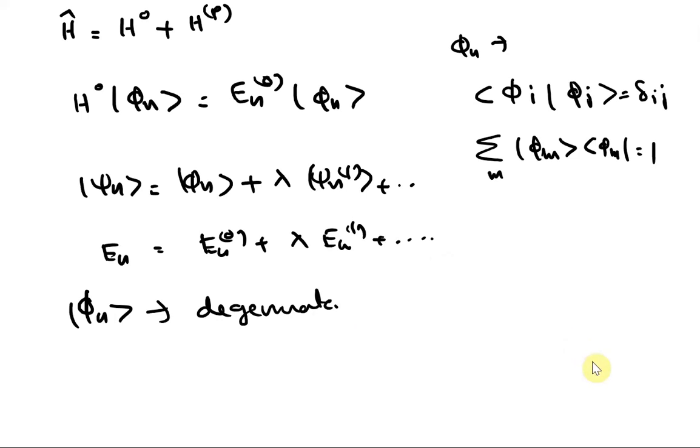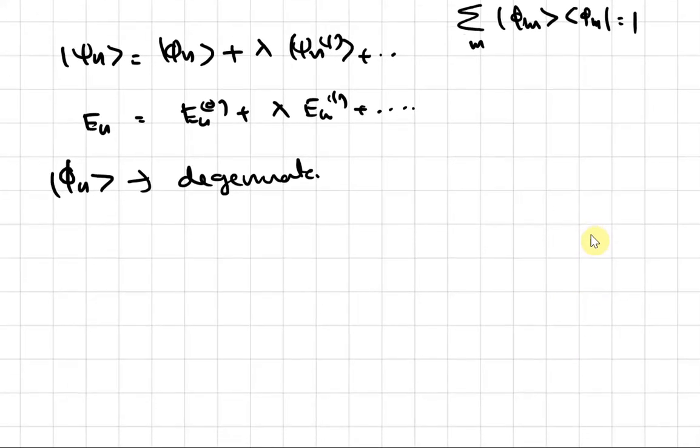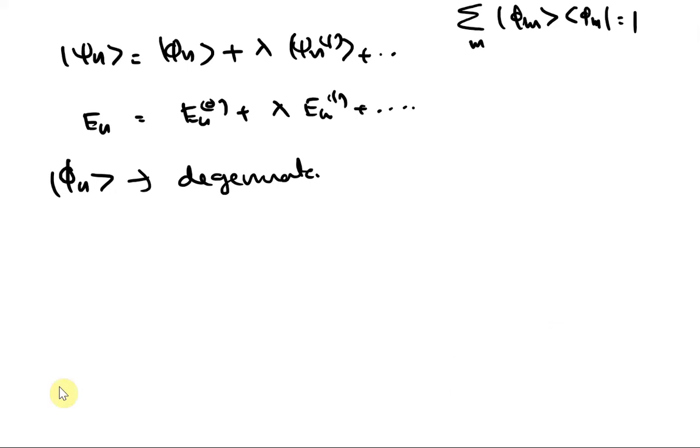Well, if phi n is degenerate, what happens? What does this degeneracy factor have to do? When there is a degeneracy, I have to put that degeneracy factor directly into the representation.